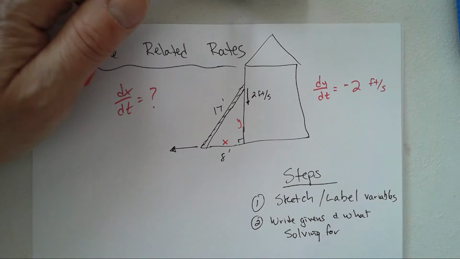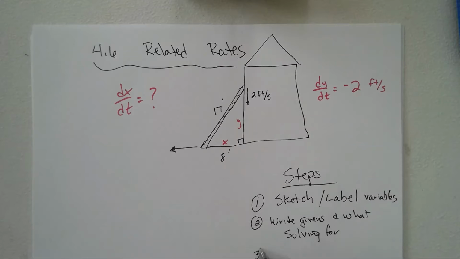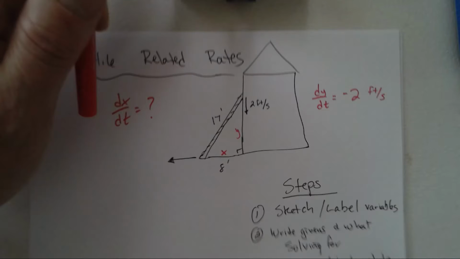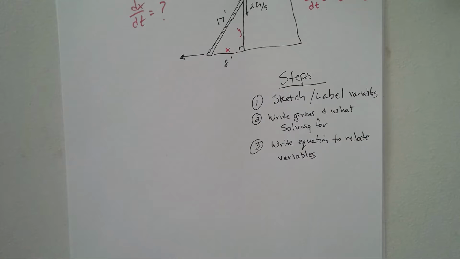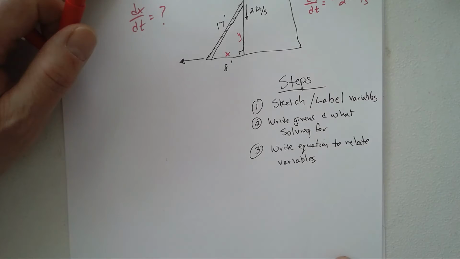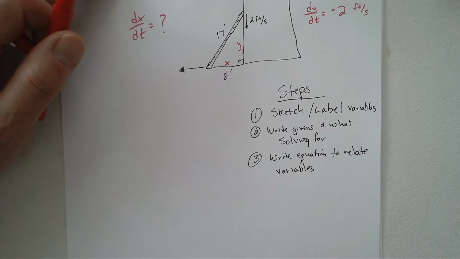Okay, so number 3 is to write an equation to relate the variables. So how are x and y related? Sometimes it's going to be geometric shapes, a lot of times it's geometric shapes.